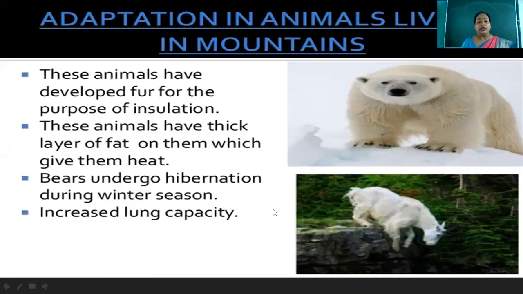Okay, this is why these polar bears undergo hibernation during winter season, and also their capacity to take in oxygen and give out carbon dioxide is very strong, as there is increased lung capacity, as we have already discussed in the beginning, that in the mountain areas the amount of carbon dioxide and oxygen is comparatively less. There is a low concentration of carbon dioxide as well as oxygen. Okay, why is it so?